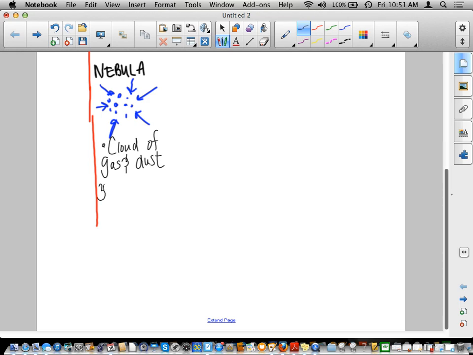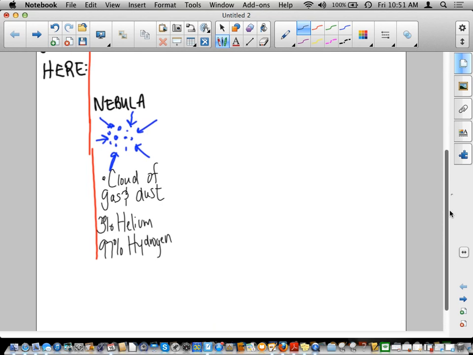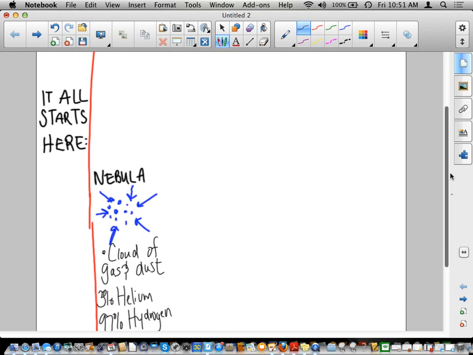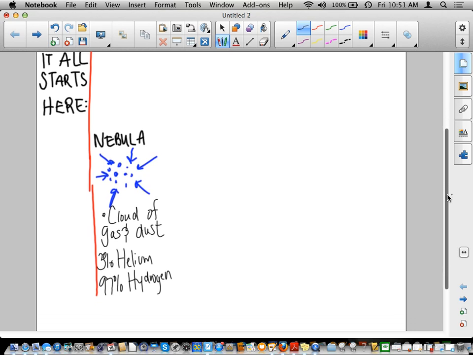It is made up of 3% helium and 97%, what's the next element that it's made out of? Hydrogen, very good. I will send this to you when I get done, in case you missed something. Cloud of gas and dust, 3% helium, 97% hydrogen.